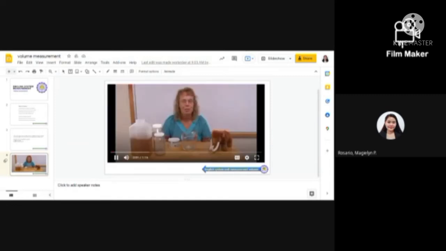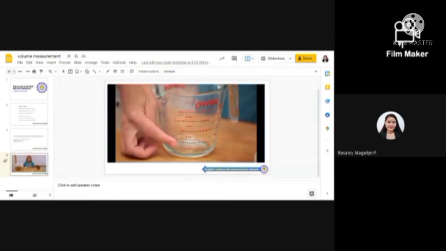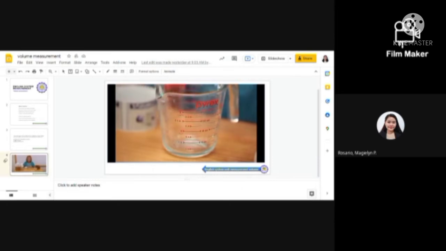Volume in the US customary system. And here I have a measuring cup that we can use to measure in cups. It shows here, this is 1/2, so here's the half cup line. Over here is 1 cup, and then 1.5, and then 2 cups at the top. It also has lines for quarter cups. You can see some other fractions there too, 1/4 and 3/4, and so on. It also has lines for the ounces, but we are not going to concentrate on the ounces in this lesson.